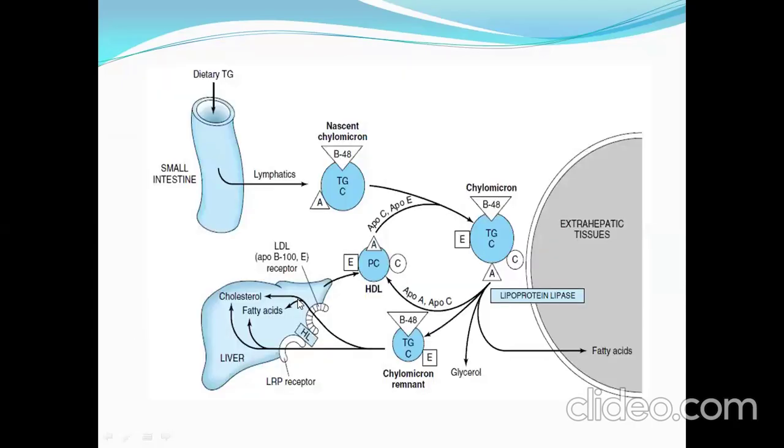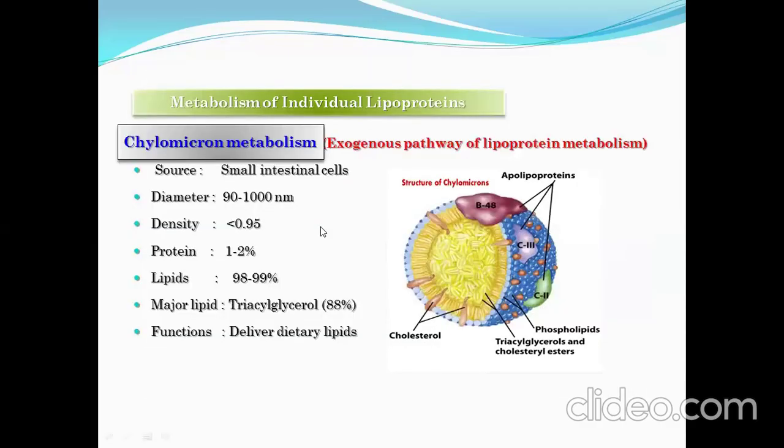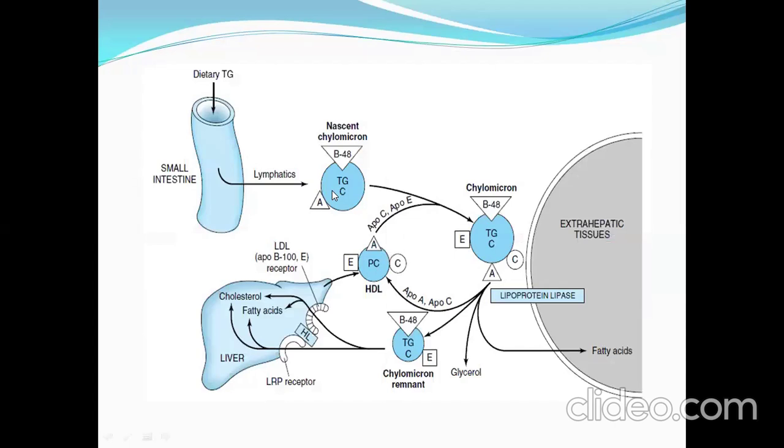So coming to the metabolism of chylomicron. As I already told you, the source is the small intestinal cells. Dietary triglycerides, after digestion and absorption in the small intestine, through the lymphatics give us nascent chylomicron.